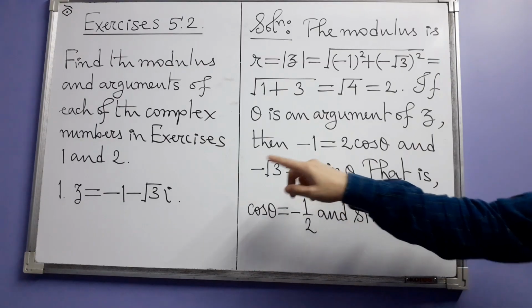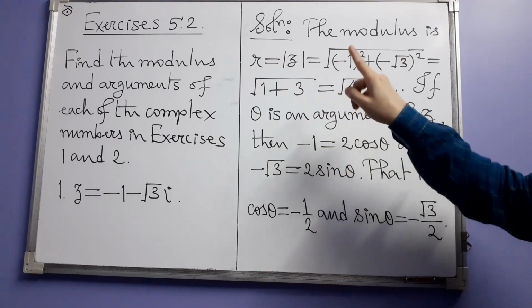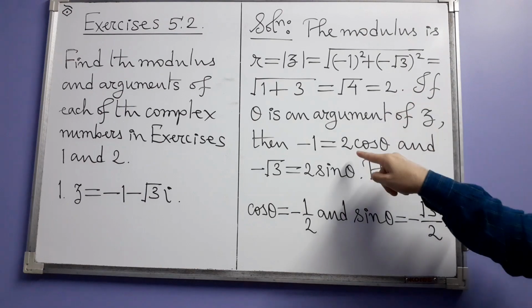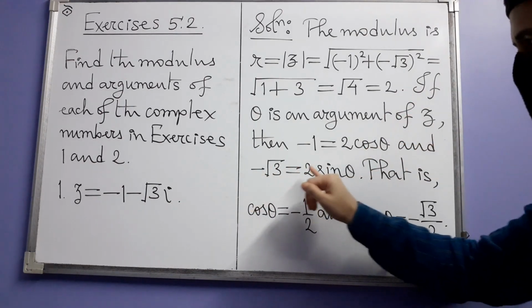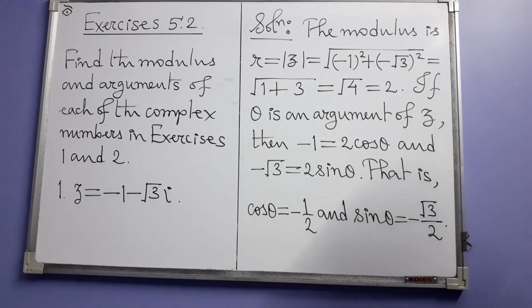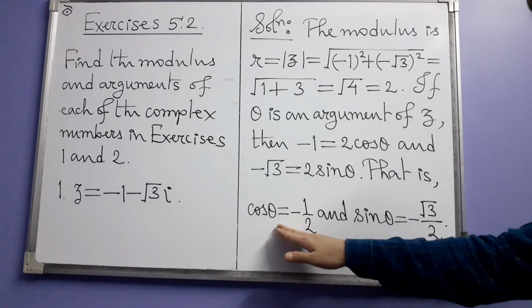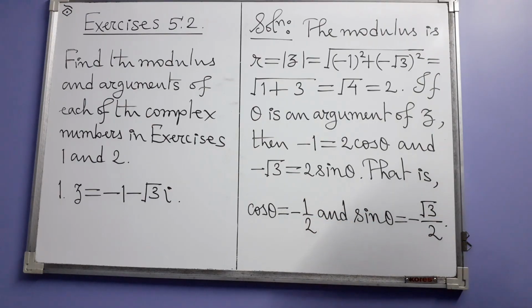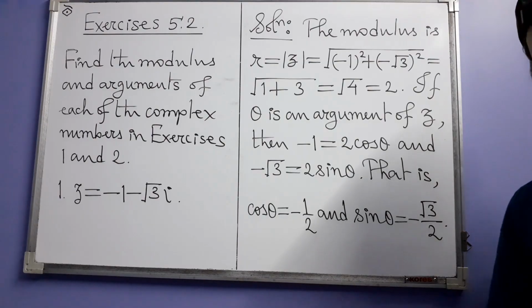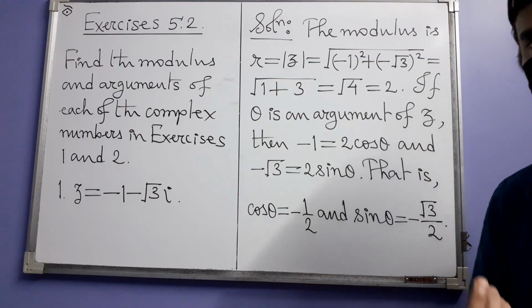The real part, which is -1, equals r cos theta. R here is 2, so 2 cos theta. And the imaginary part equals r sin theta. So we get these two equations: cos theta equals -1 divided by 2 and sin theta equals minus root 3 divided by 2. Now we have to find a value of theta.